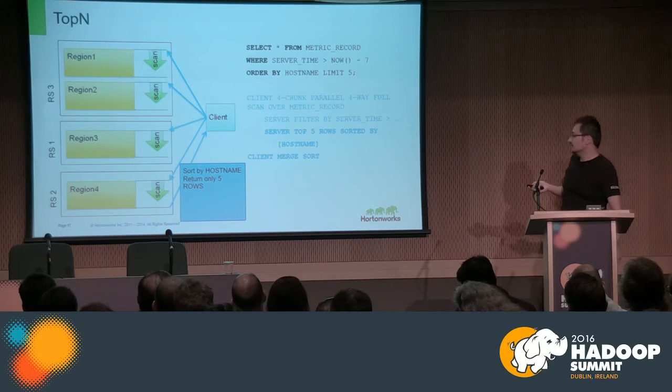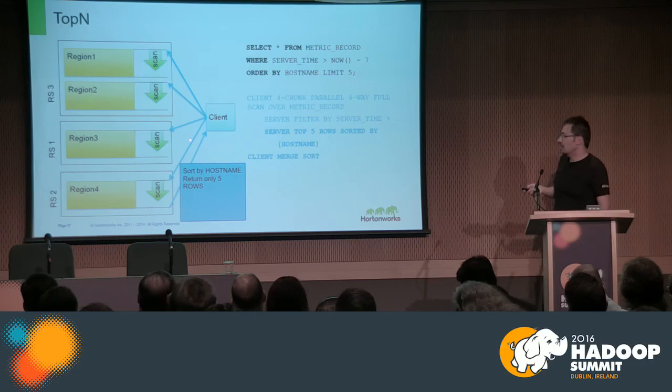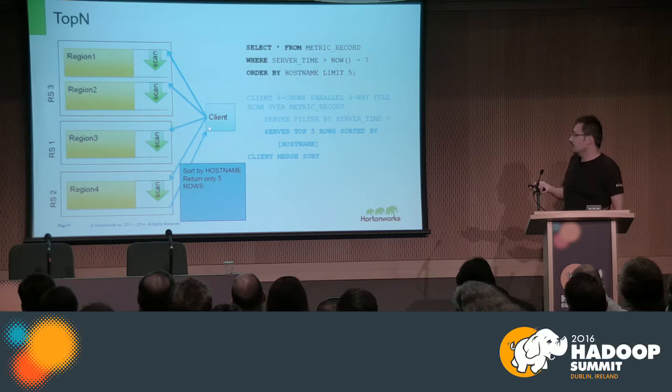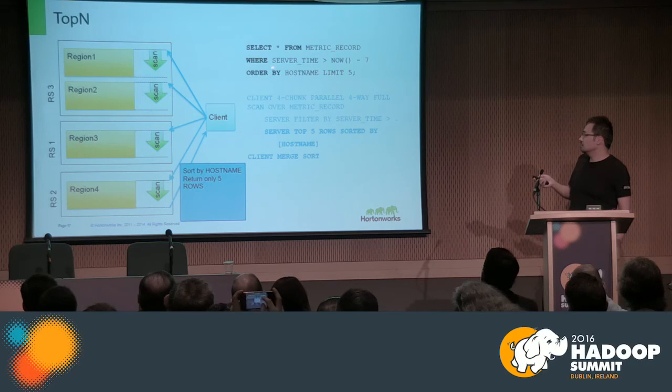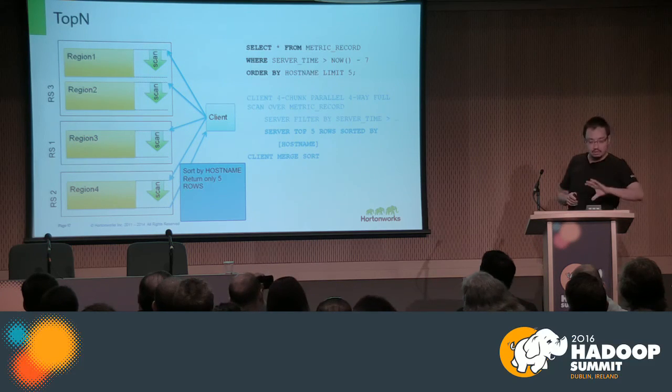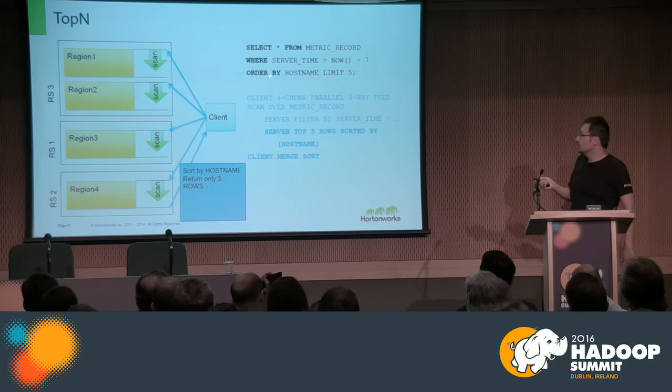So what happens in this query plan is something like this. The client does a 4-way parallel scan, and each of these scans will apply the server-side filter, which is this. And then at the end of the matching results, it will order by the host name. So it will do a sort, and then it will only return the top 5.